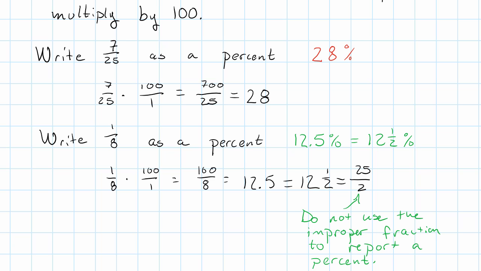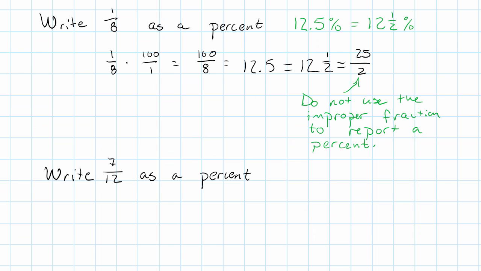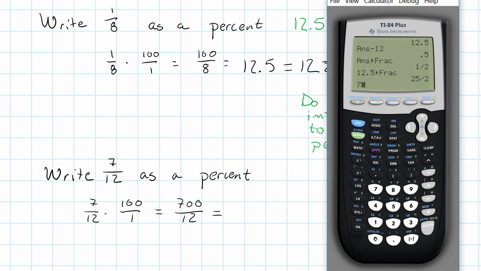One more example. We want to write 7/12ths as a percent. So again, we have 7/12ths times 100. That's 700/12ths. Now we just go ahead and do that division. 700/12ths, and we get 58.3 repeating.